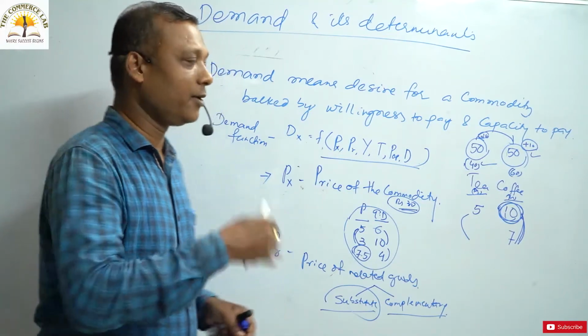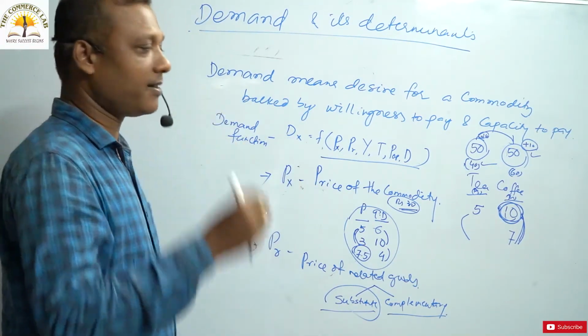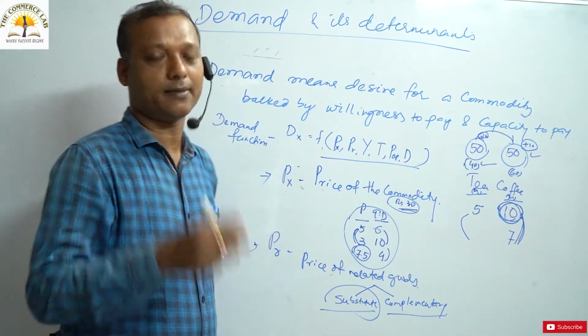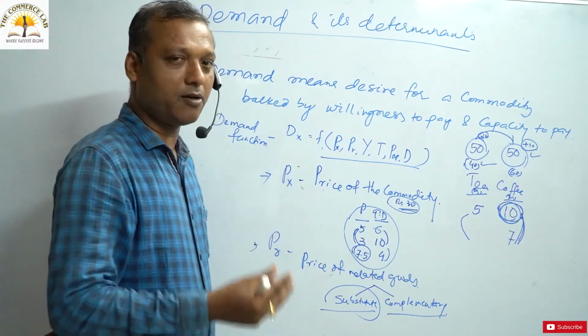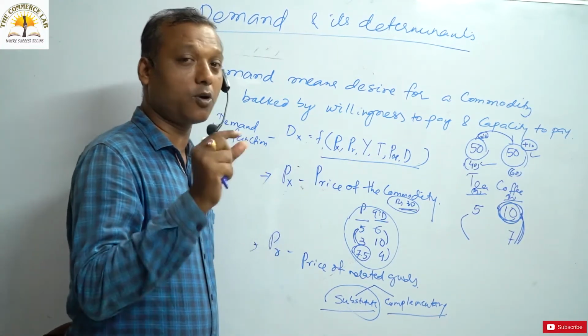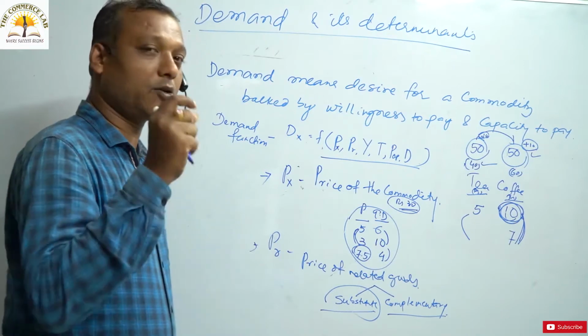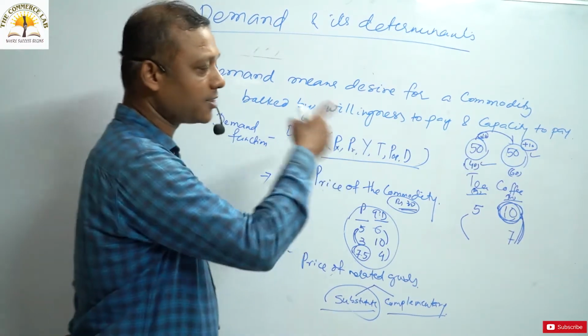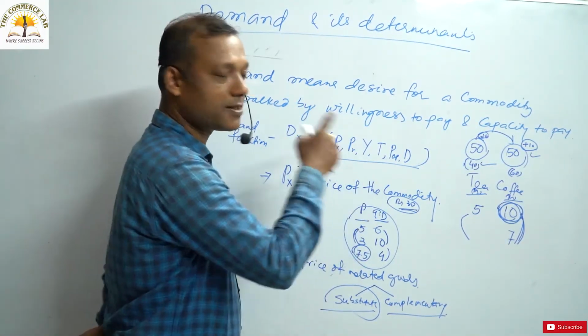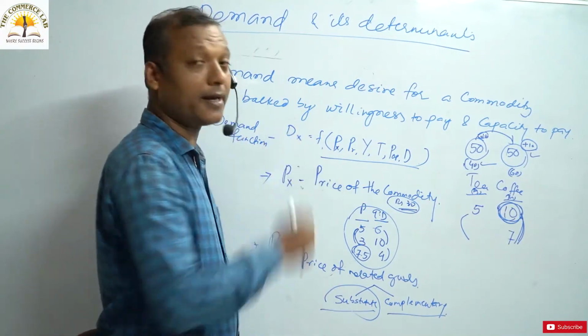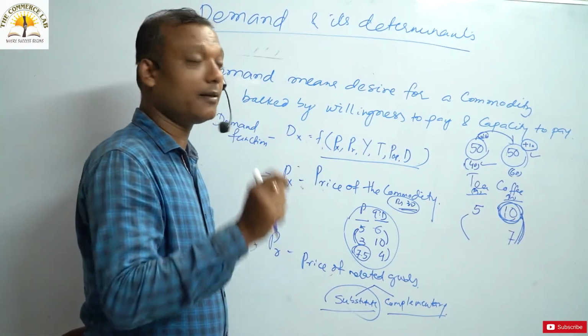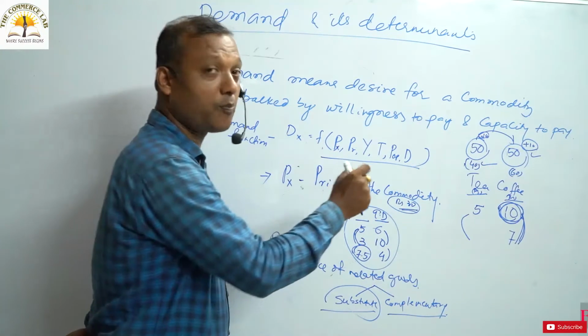So in the course of our time, we will study one concept that is known as elasticity of demand. When you go to elasticity of demand, we will also study the concept of cross elasticity of demand. In cross elasticity of demand, we will particularly study the relationship between substitute goods, and we will write that the cross elasticity of demand is positive.